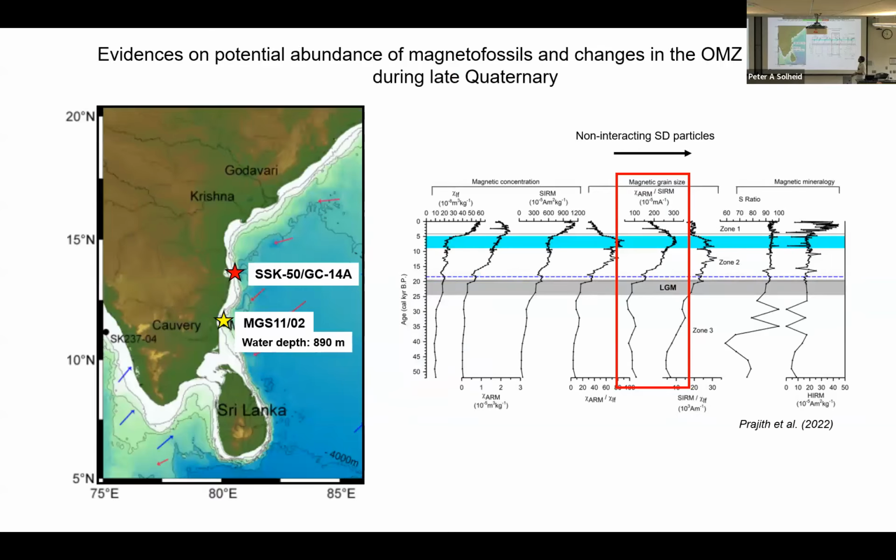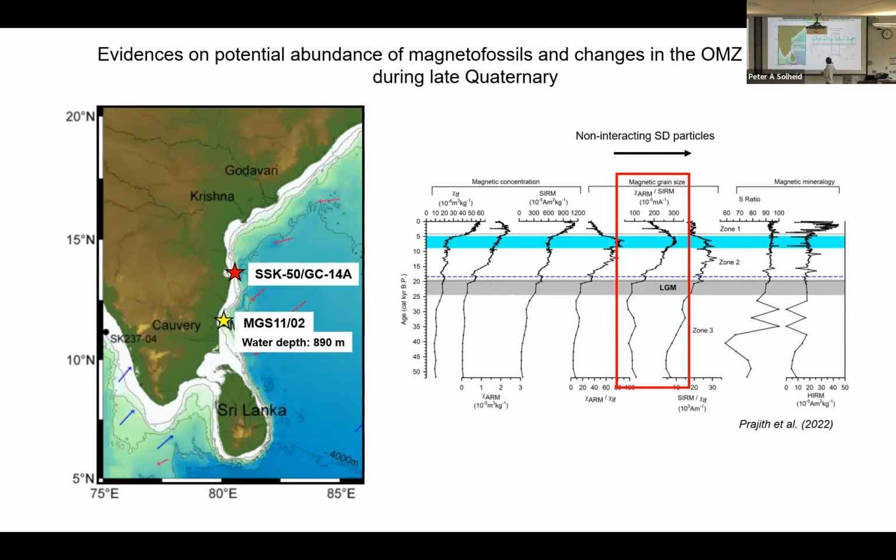There are several other records from that region also, including a sediment core just down from the sediment core which I studied here. That also shows, based on bulk magnetic parameters with very high values of chi ARM and bias ARM, an indication of the presence of non-interacting single domain magnetic particles over this region also.